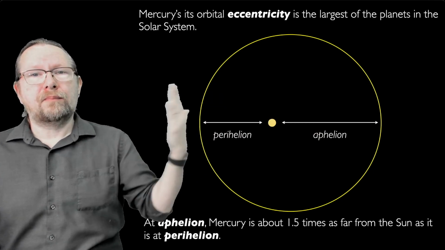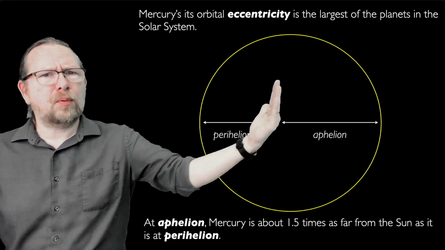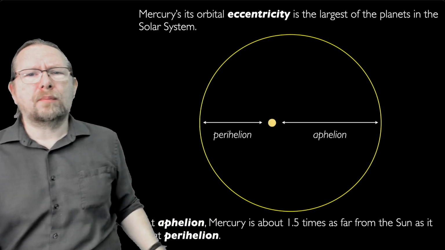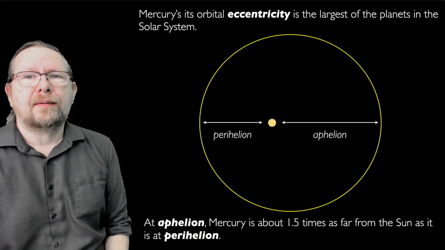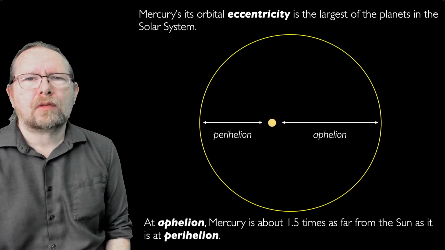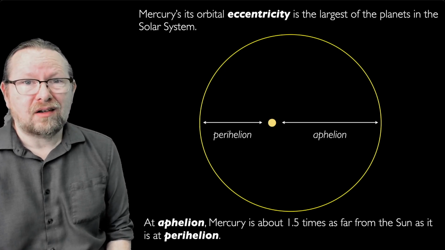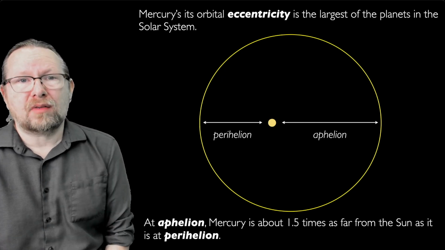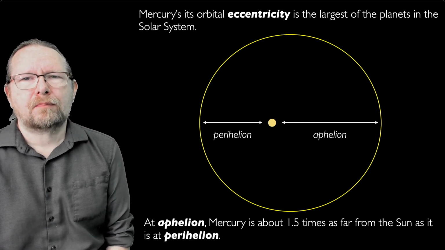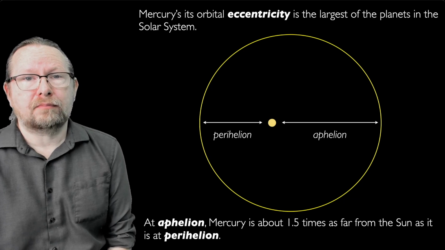So for the Earth, this difference is a couple percent. For Mercury, it's about a factor of 50%, which means that Mercury's orbit is interesting, and it means that some of the orbital effects on a planet are exaggerated for Mercury.